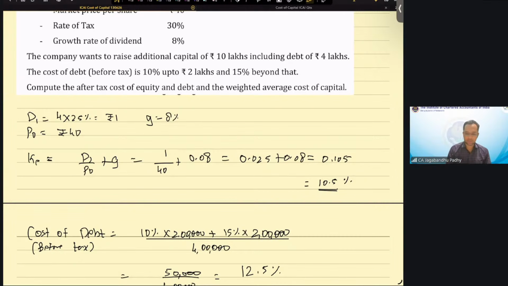And last but not least, we did the weighted average cost, which could be done using market value weights or book value weights. In either situation, don't expect the answers to be equal. They are going to be quite different. And how to estimate the growth rate using different methods is what we have already discussed.